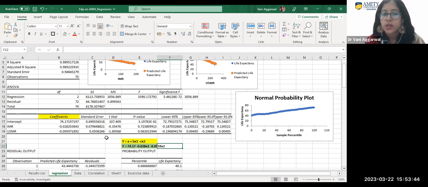Now these are your estimated coefficients.